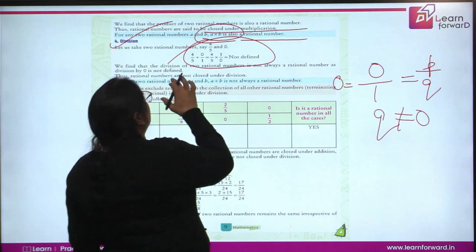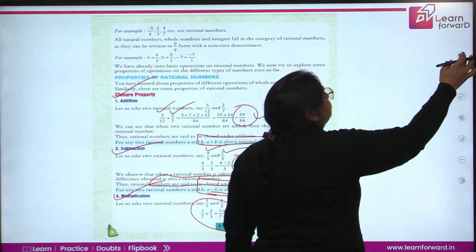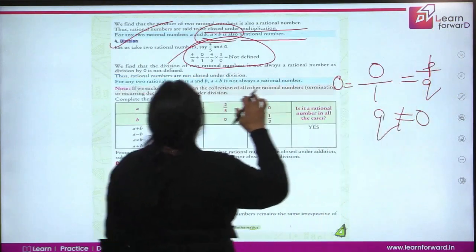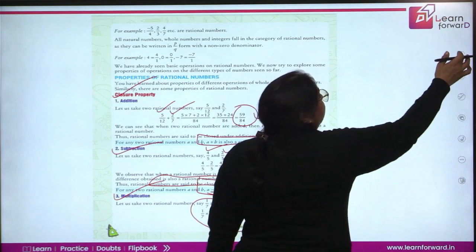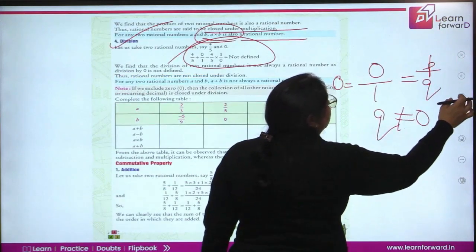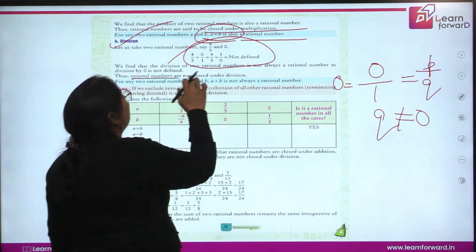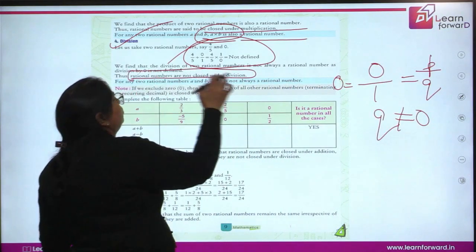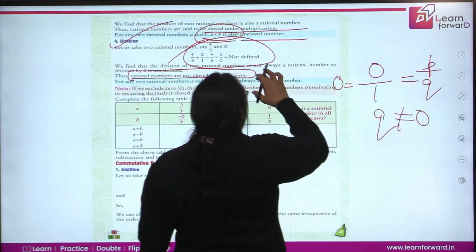So division is not closed. Rational numbers are not closed under division.